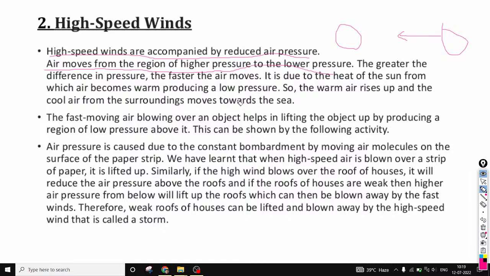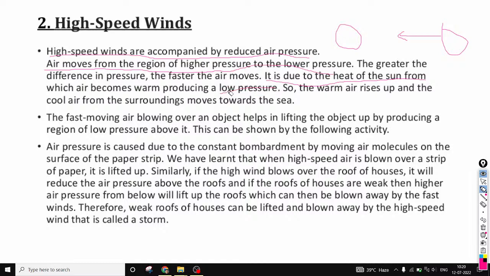It is due to the heat of the sun, from which air becomes warm, producing a low pressure. Why is this happening? Due to the heat of the sun in a particular area, the air becomes lighter and is uplifted in the upward direction, and it creates a low pressure zone in that area.